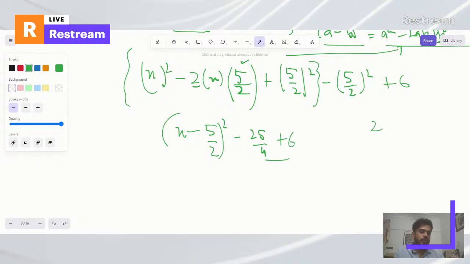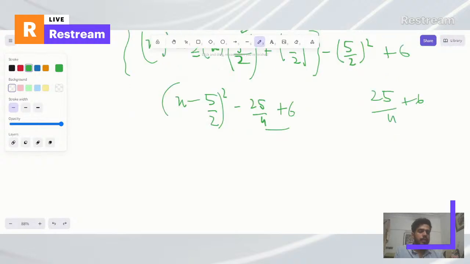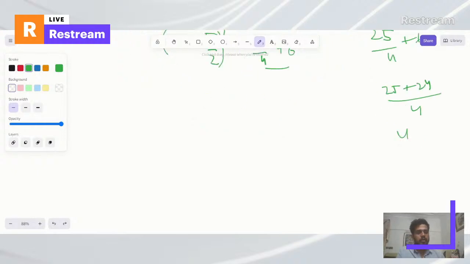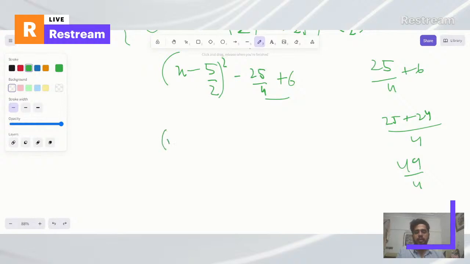If I have 25 divided by 4 plus 6, I can write it down as 25 plus 24 upon 4, which is 49 divided by 4. So it could be written as x minus 5 divided by 2 whole square minus 49 divided by 4.